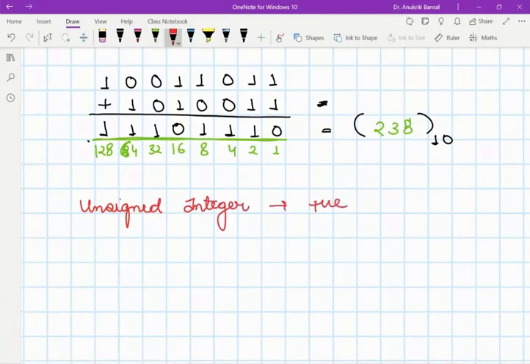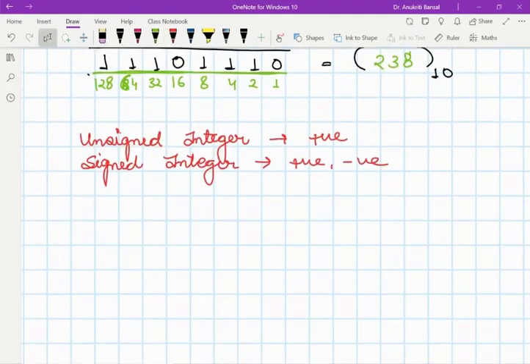And if we consider negative numbers, they are called as signed. Signed integers include both positive and negative integer numbers. They can be +5, -5. Okay.